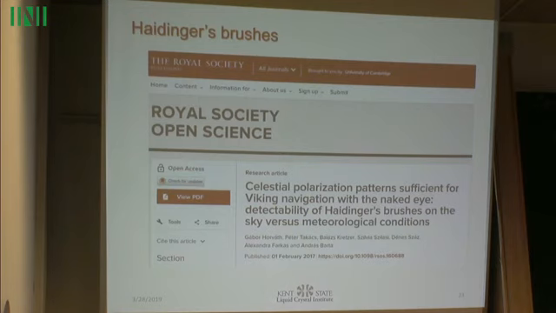There's a fairly recent article describing in some detail how Vikings used to navigate by looking at the polarization of light.